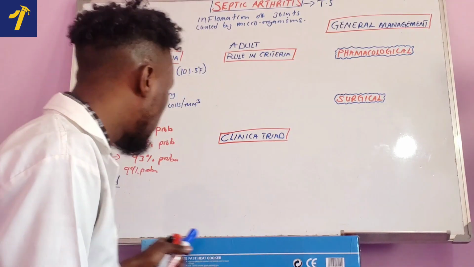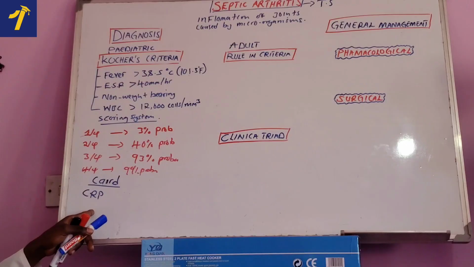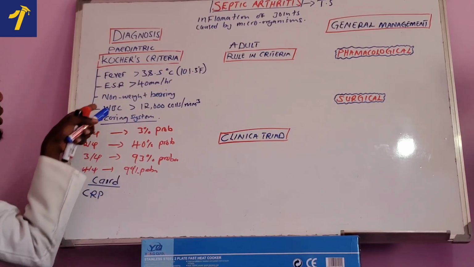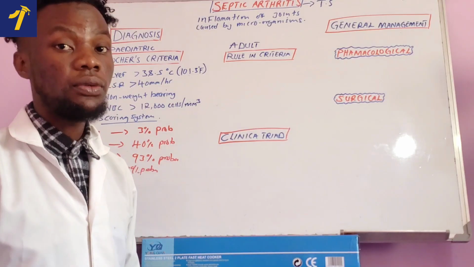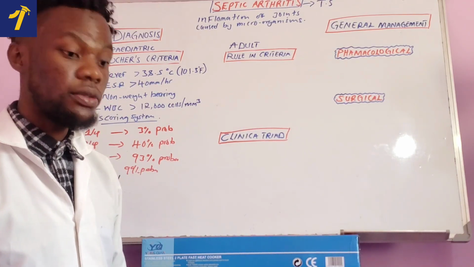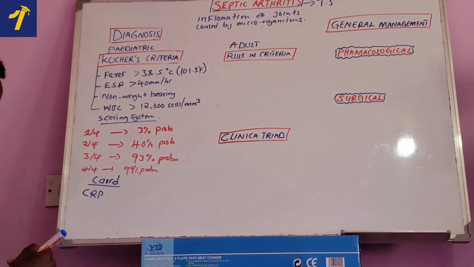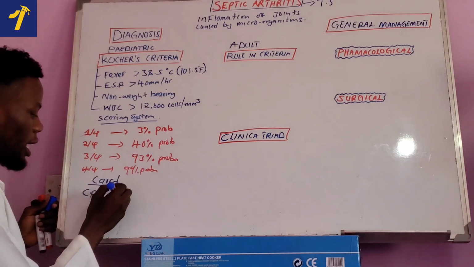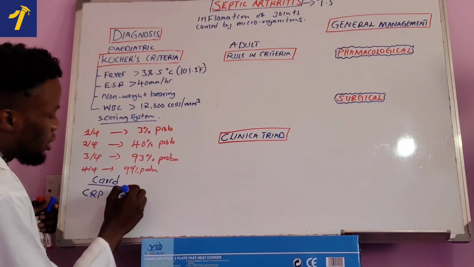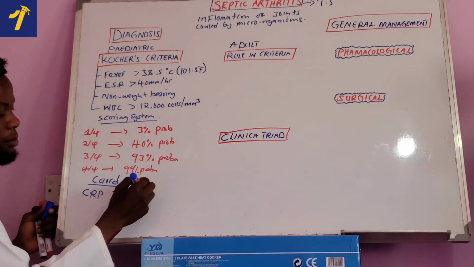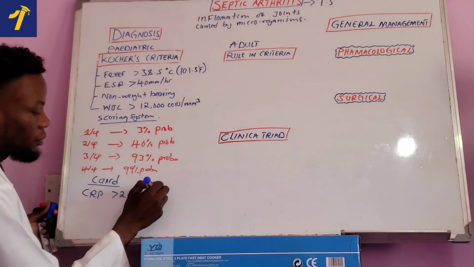So this one is used in acute septic arthritis, and ESR is used in more like subacute septic arthritis, as well as the chronic septic arthritis most of the time. Okay, so now this CRP has to be greater than 2 milligrams per deciliter.